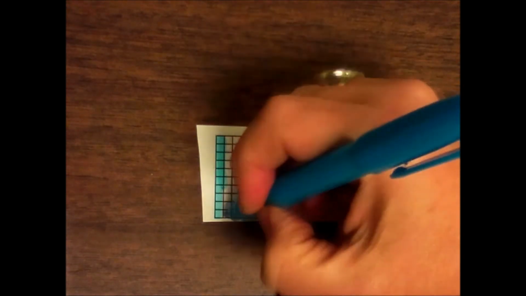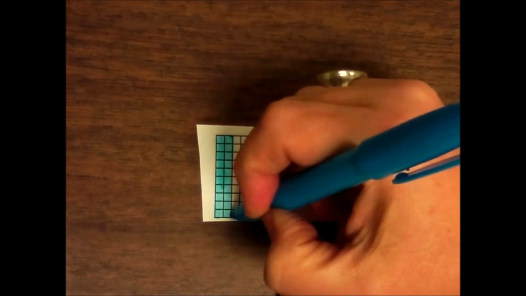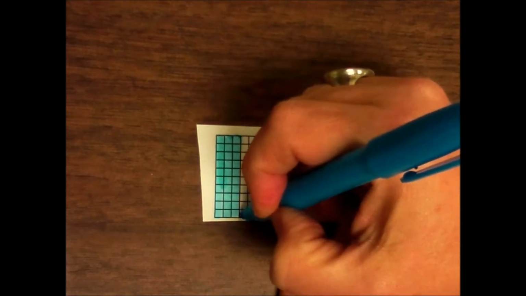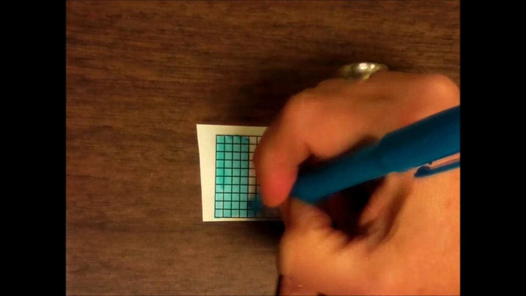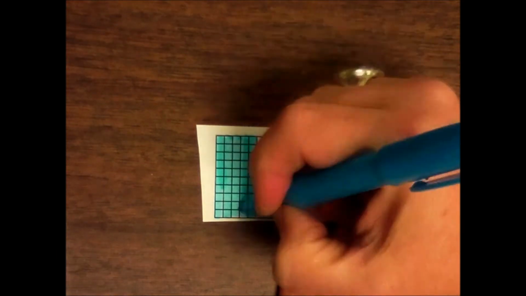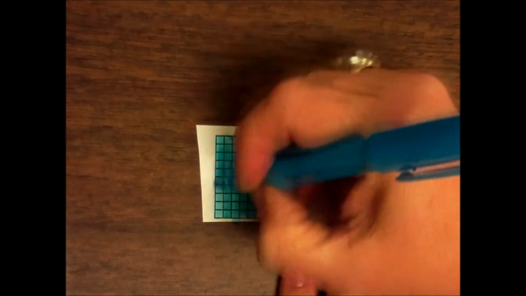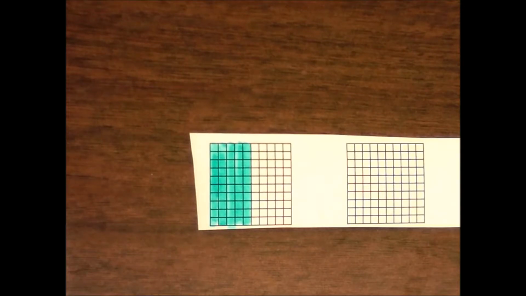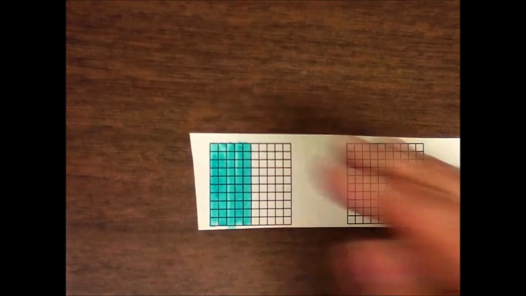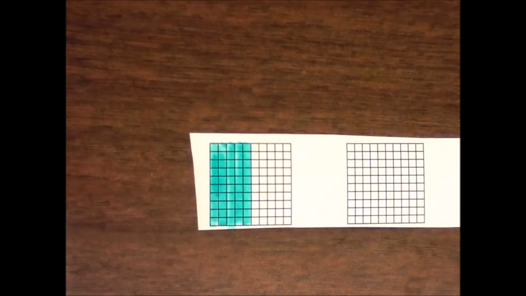So 1, 2, 3, 4, 5. There is my 5/10. Now, the columns are tenths, but when you look at all of it, we actually have hundredths there, right? So that's 5/10.